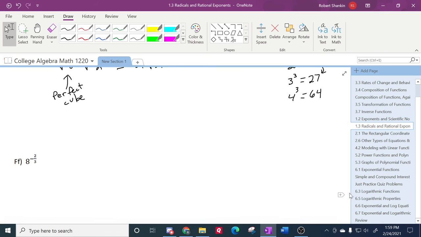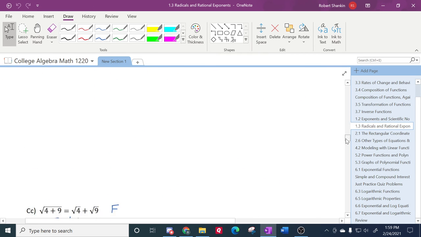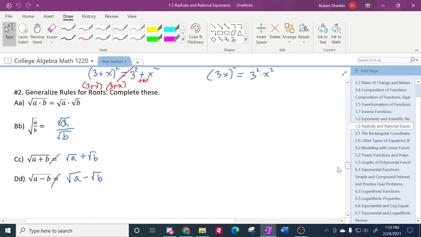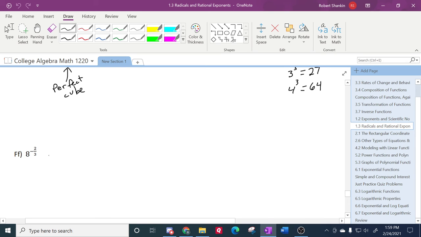Alright, so what I want to do is I want to show you, we started today with this practice quiz, fractional powers, and the bottom number came out as the root, the top number is the exponent. This is that same idea, but it's got an extra complication of a negative exponent. So what I like to do is handle the negative exponent first.